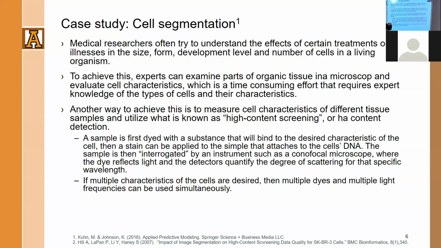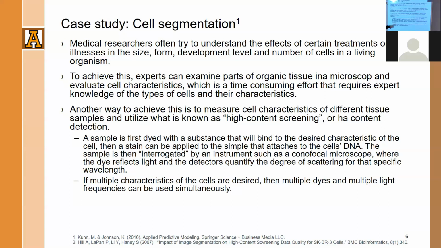Then they interrogate the cell with an instrument, in particular a confocal microscope, where the dye reflects light, and the reflected light quantifies the degree of staining for that specific wavelength.